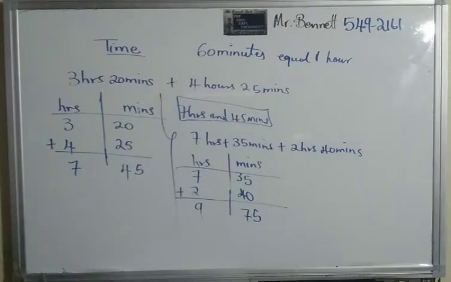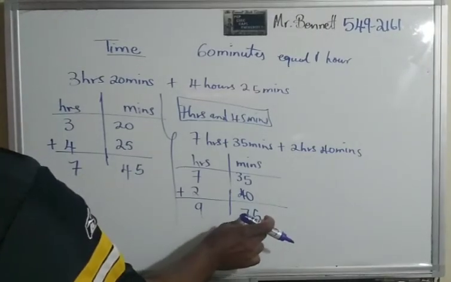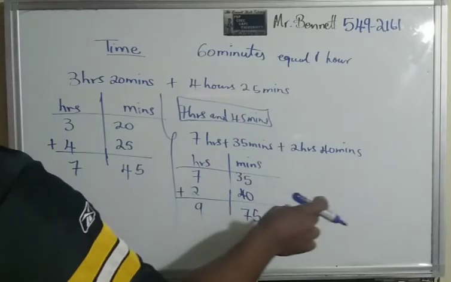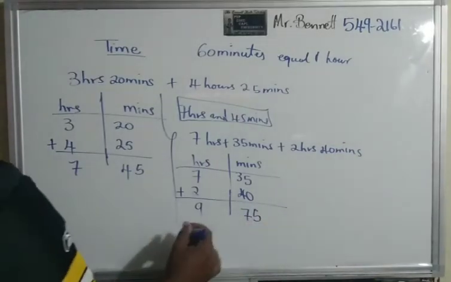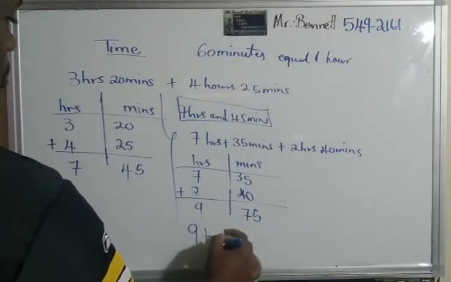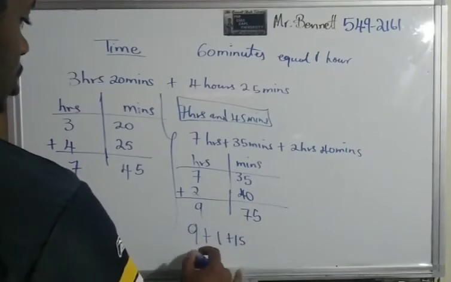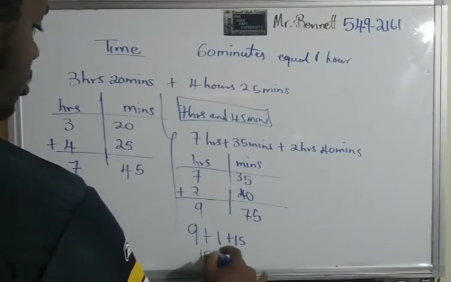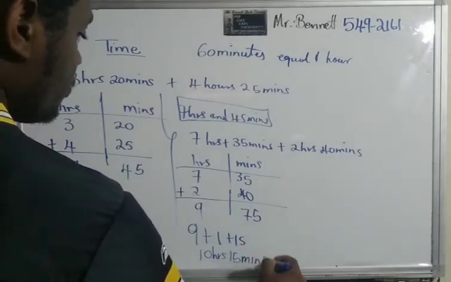Now, as I said at the start of the video, 60 minutes make 1 hour. So what we need to do is separate, because this is actually 60 minutes plus 15 minutes, right? So we can write this as 9 plus 1 hour and 15 minutes. So in all, we'll have got 10 hours and 15 minutes.